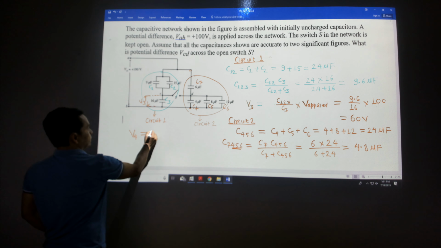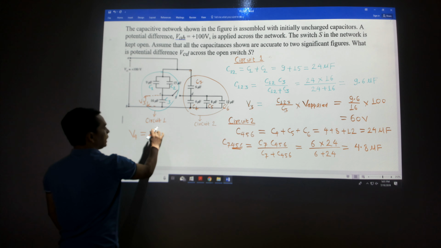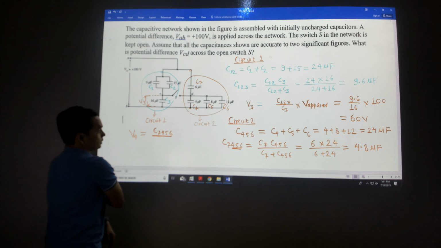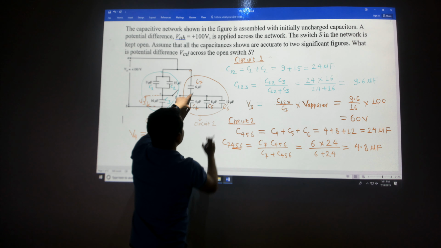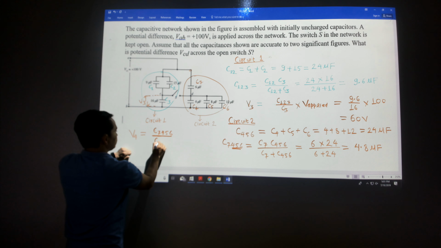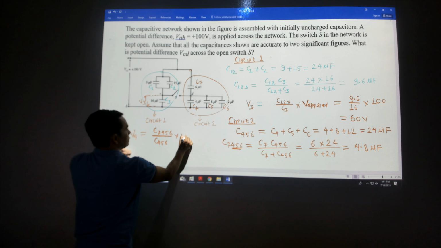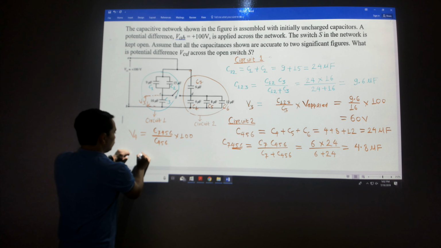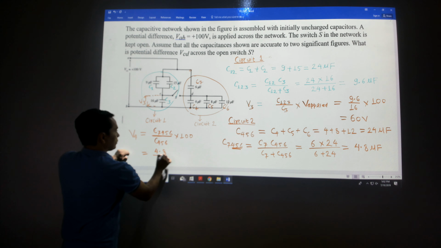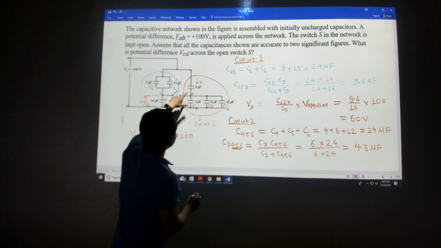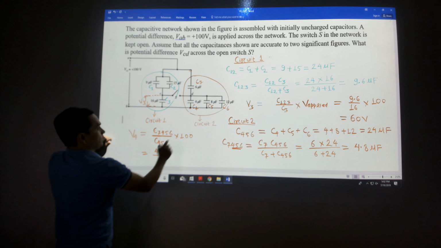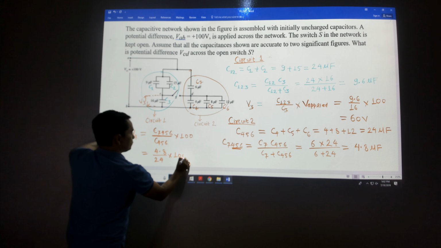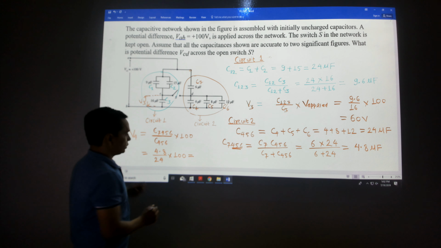The way you calculate it is the total effective capacitance divided by the capacitance between these two points, C456, times 100. So this is 4.8 over 24 times 100. If you solve this, you will get 20 volt.